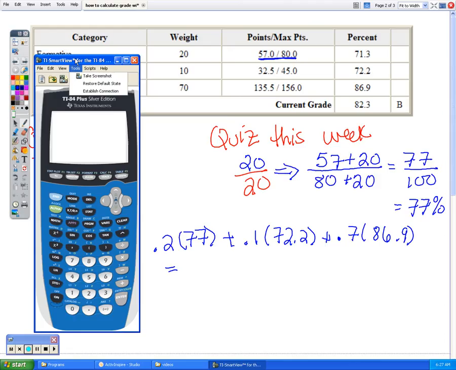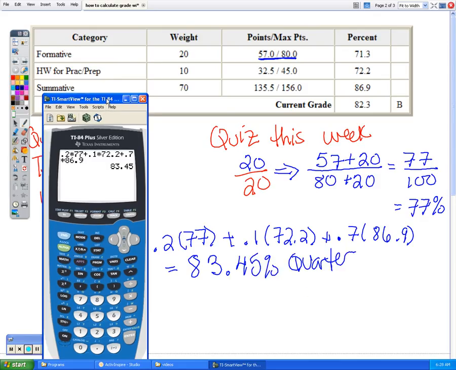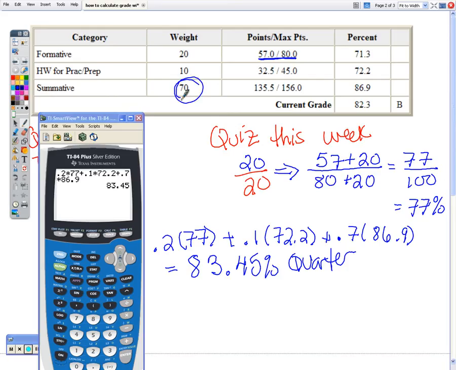Okay, so I have my calculator out, and now let's see what that would be. So the student's overall grade would now be an 83.45% for the quarter. The higher the category weight, the more effect it will have on your grade.